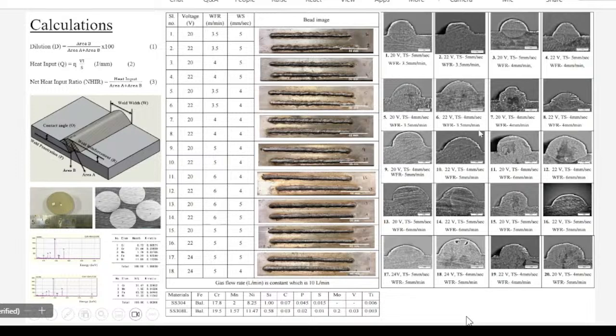Multiple beads we have made, and among these we check which bead is very good as per the bead aesthetics. Bead aesthetics is a very important concept for making a WAM component, as the process parameters play a very important role in controlling the reinforcement height, the penetration, the contact angle, and the dilution percentage. That should be optimum, and only then can we try the same process parameters with the WAM component.